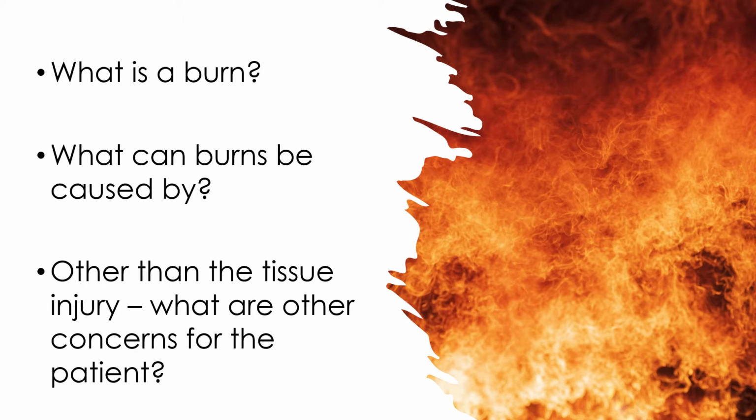So those are all just a few examples of other things that you should be thinking about as a nurse, other than the tissue damage or skin injuries from a burn. So about 3,000 patients die annually due to results of their burn injuries. Really, the highest fatality rates occur in children 4 years and younger, or adults over 65.